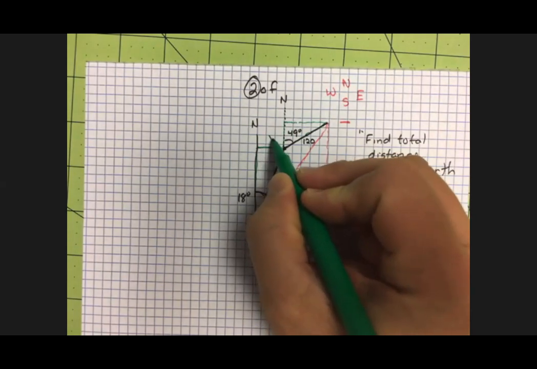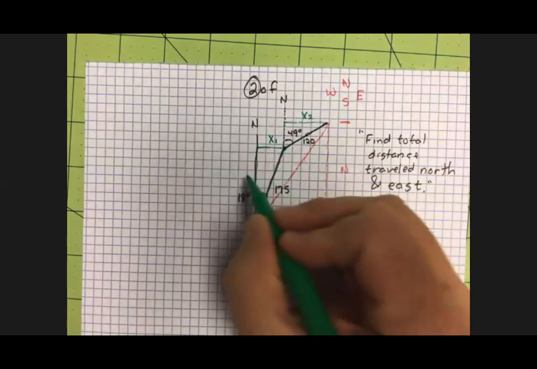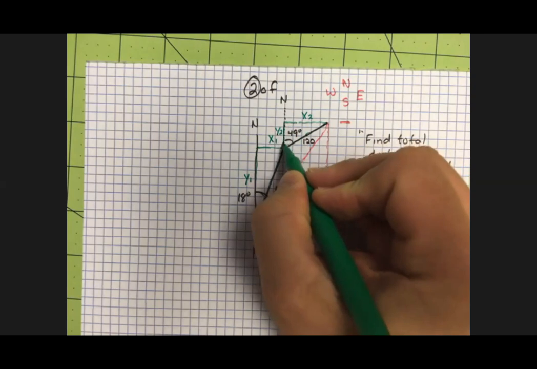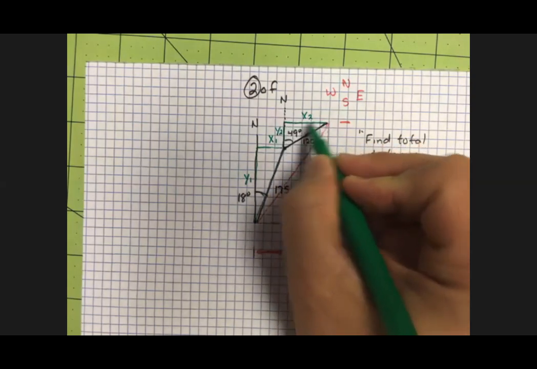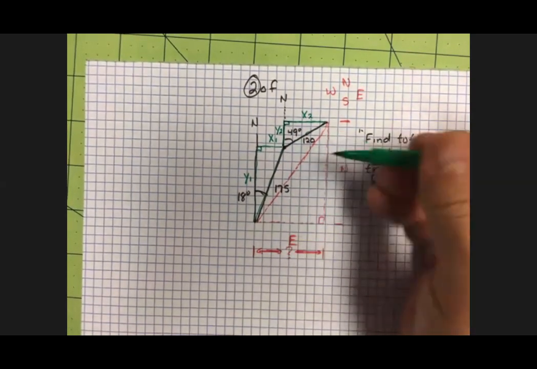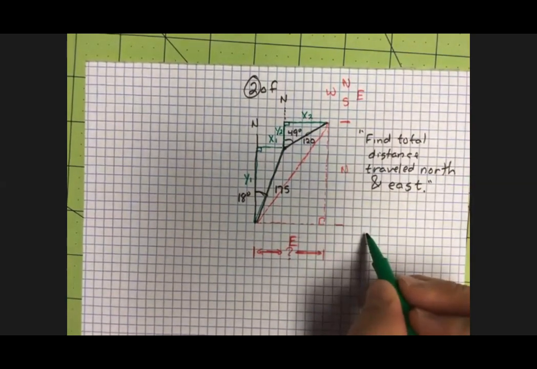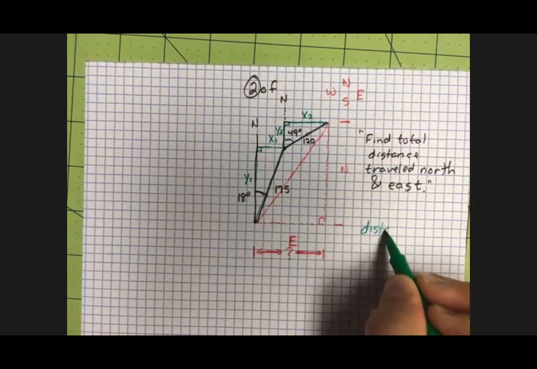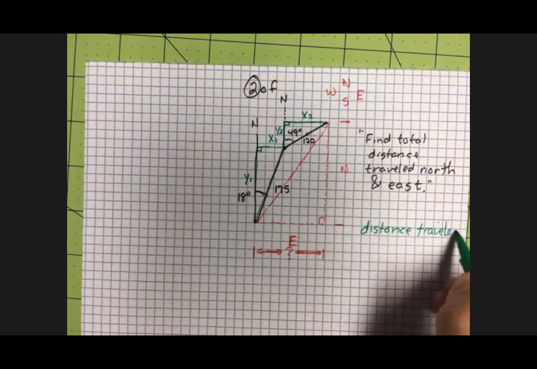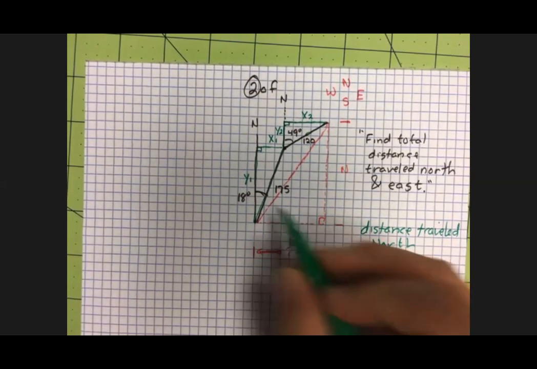Let's call this one x1 and x2. Let's call this one y1 and y2. y2 is that short vertical thing right there. And these are two right triangles. These two green things are right triangles. The red thing is a right triangle. So I think the answer to my question is distance traveled north will be y1 plus y2.